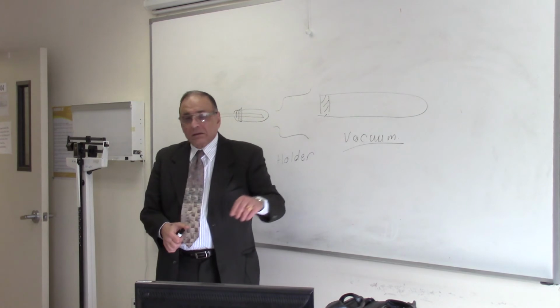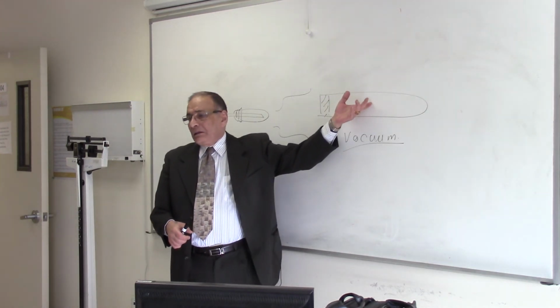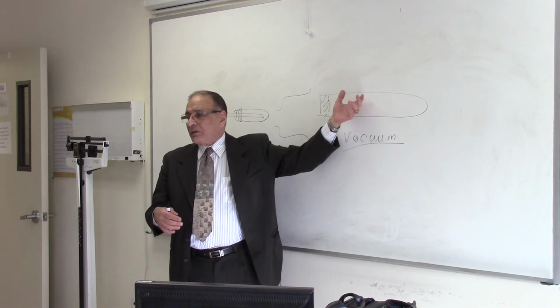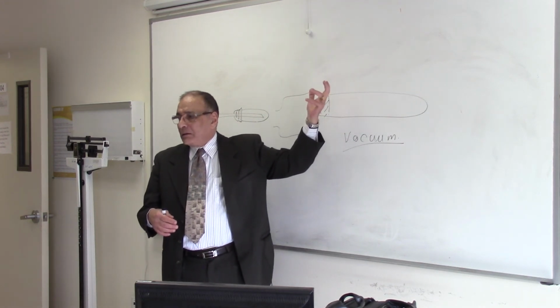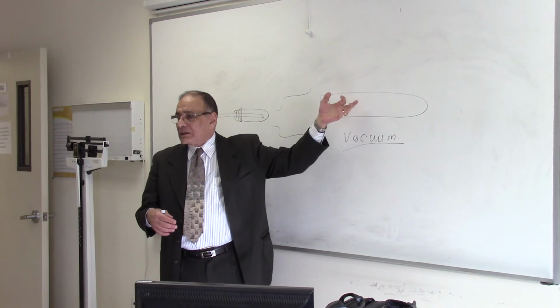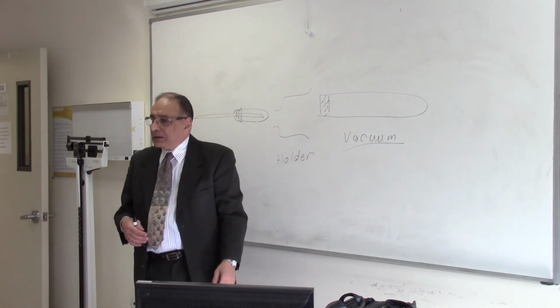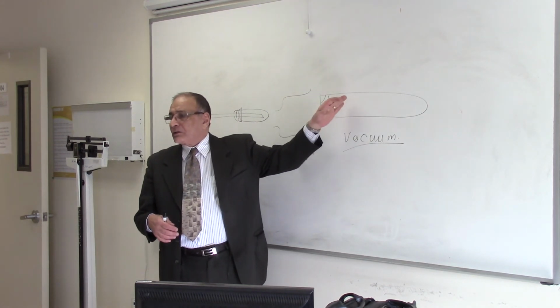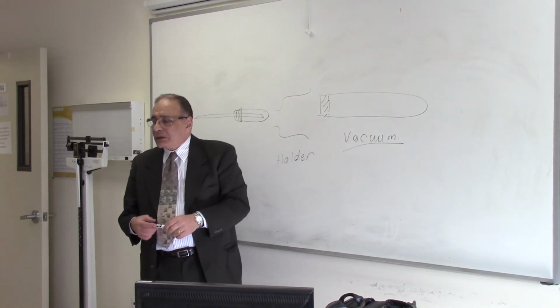Vacuum means the pressure inside here is very low because they evacuate the air. Vacuum, no air inside. Okay? So when you take the air out, you're actually creating a negative pressure here.